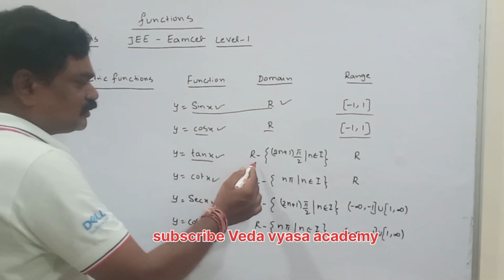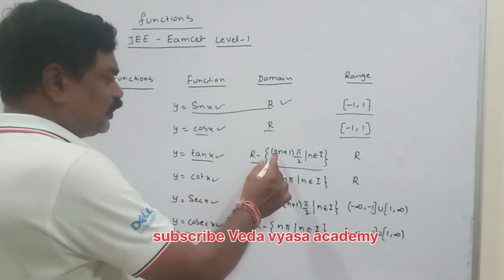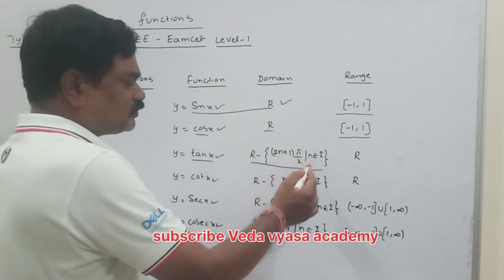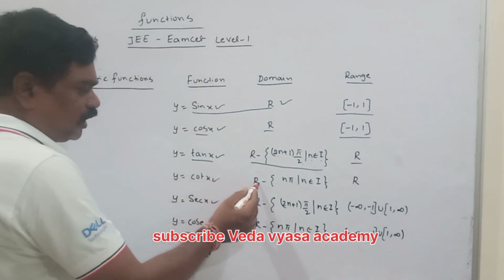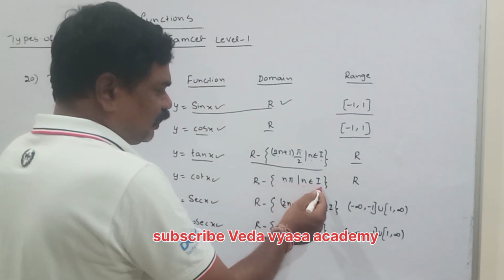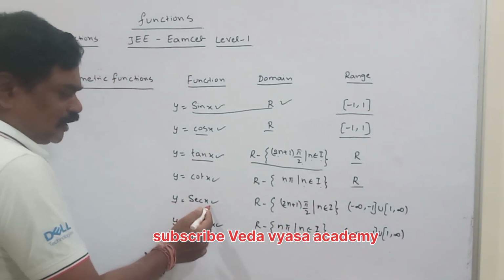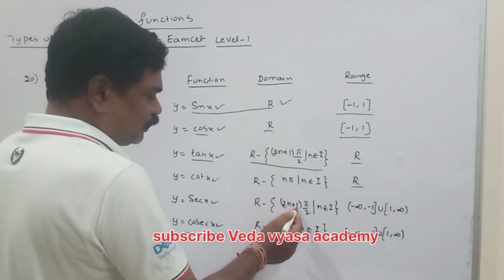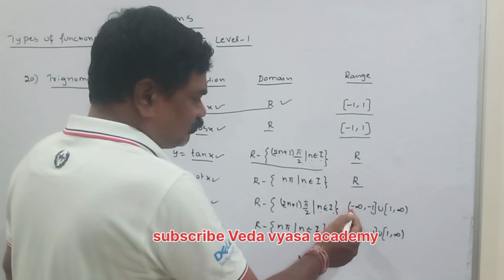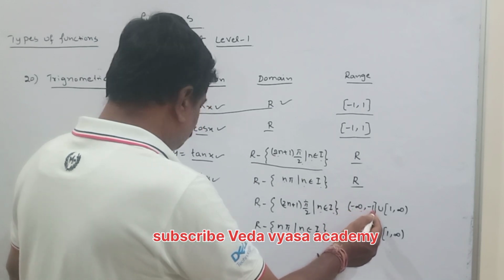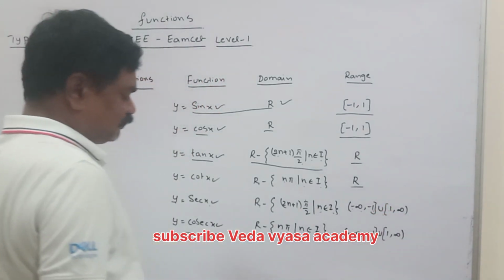Tan x: domain R minus 2n plus 1 pi by 2, n belongs to I; the range is R. Cot x: domain R minus n pi, n belongs to I; the range is R. Y is equal to secant x: domain R minus 2n plus 1 pi by 2, n belongs to I; range open minus infinity to minus 1 closed, union 1 closed to infinity open.